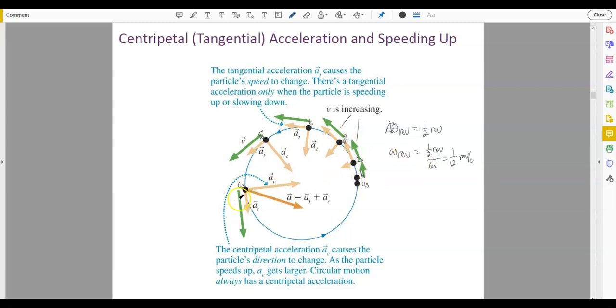At this point, its velocity vector has just made it just past. So if this started out with an omega of 0, omega will probably be at 1/12 of a revolution per second. Okay?